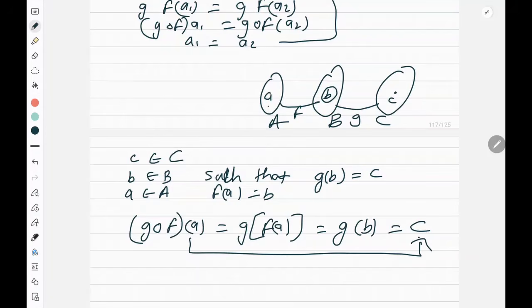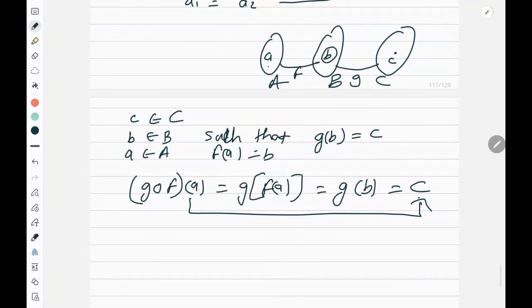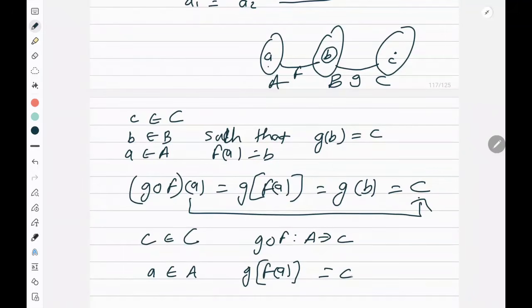Now it is given that g∘f is onto and you have to prove g is onto. So again the same thing I will do. Since g∘f is an onto mapping, suppose c belongs to C. Correct? So g∘f is a mapping from A to C. Now suppose there is some a in A such that g of f of a is equal to c.